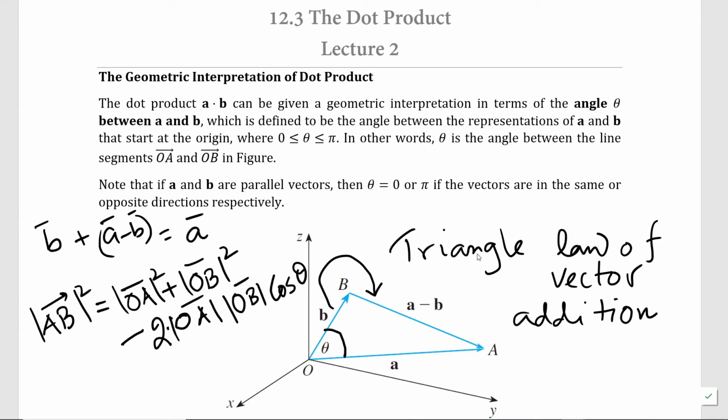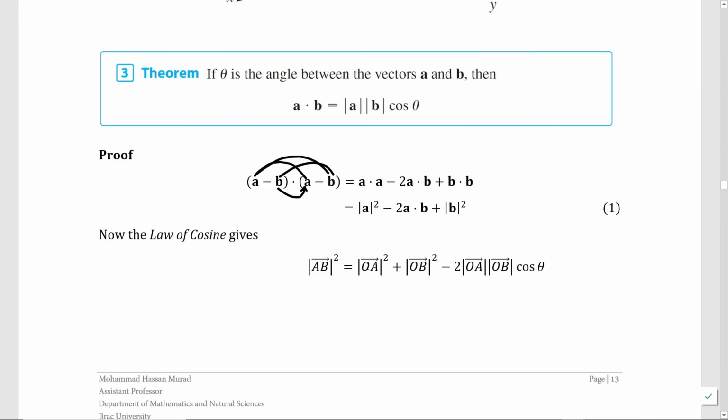This is called the cosine law of the triangle. Let's apply this law to get the equation as shown here.